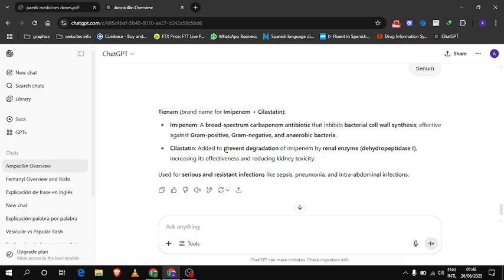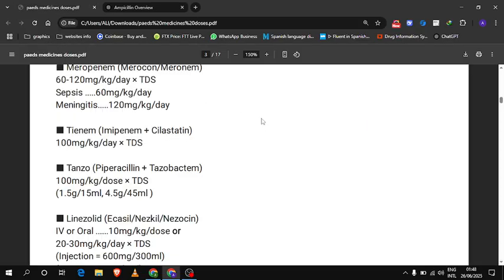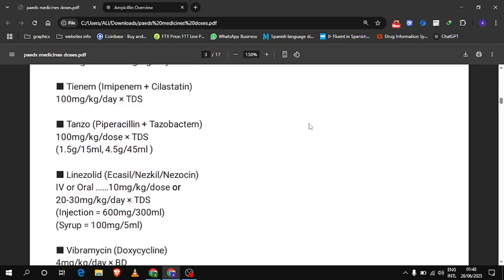The second drug is cilastatin, added to prevent degradation of imipenem by renal enzyme dehydropeptidases, increasing its effectiveness and reducing kidney toxicity. So it's more helpful than meropenem and has less side effects. The dose for Tynum, imipenem, is 100 mg per kg per day. It is also given TDS.